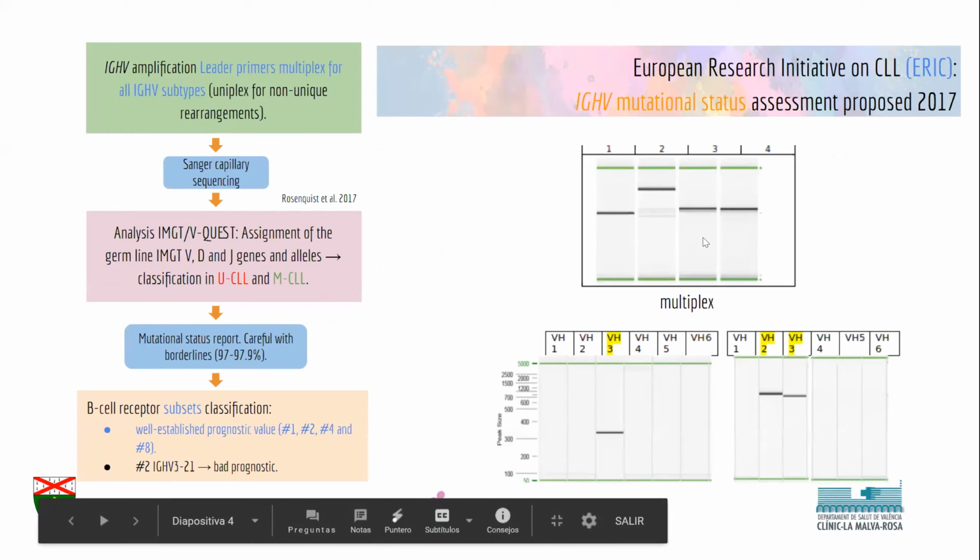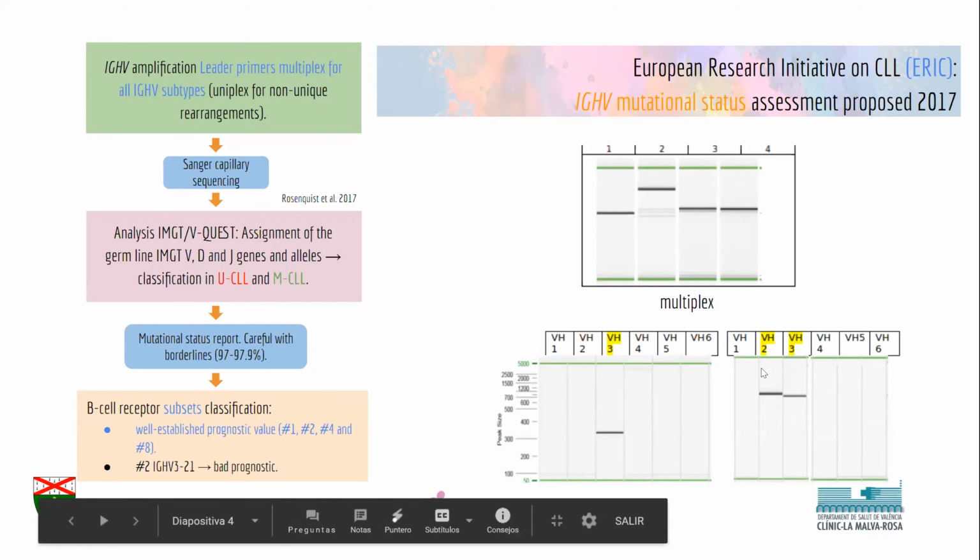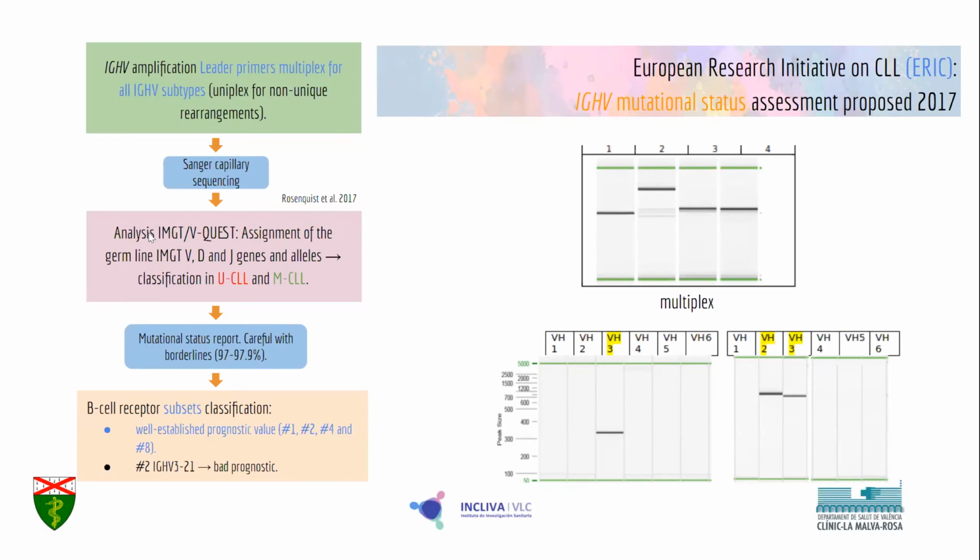And in the cases we see in this image where we can find two DNA bands in a patient, then a separate PCR for all the subtypes is done, so we can detect the different subtypes that are present. Then these are sequenced using Sanger, and the analysis method that is established is to use the International Immunogenetics Information System tool, which is IMGT/V-QUEST, which assigns the VDJ genes and CDR3, and then they can be classified into non-mutated and mutated CLL clones.